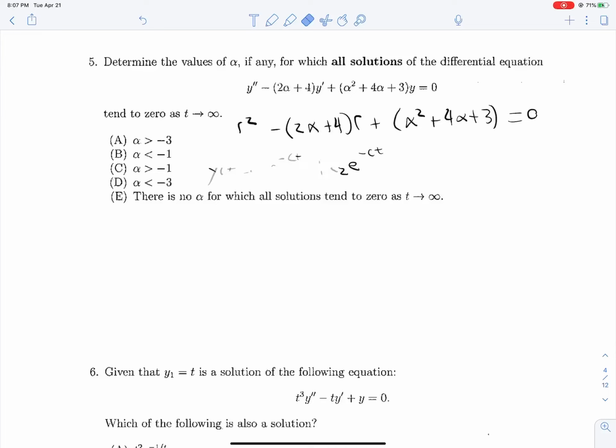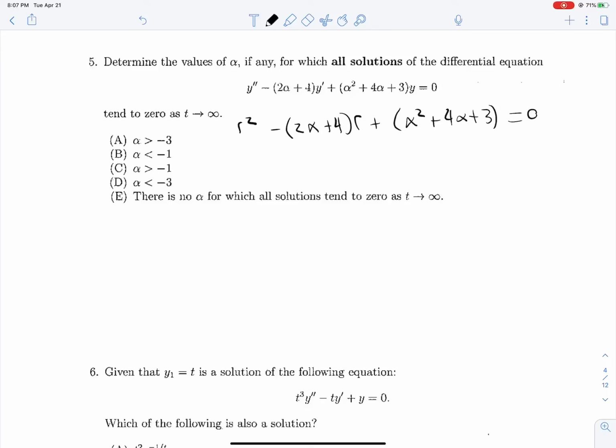And we know that when we have an equation in this form, the origin acts as an attractor, and all starting initial conditions will be pulled in towards 0 as t approaches infinity. So in order to solve for that, all we need is a negative real part for our solution.